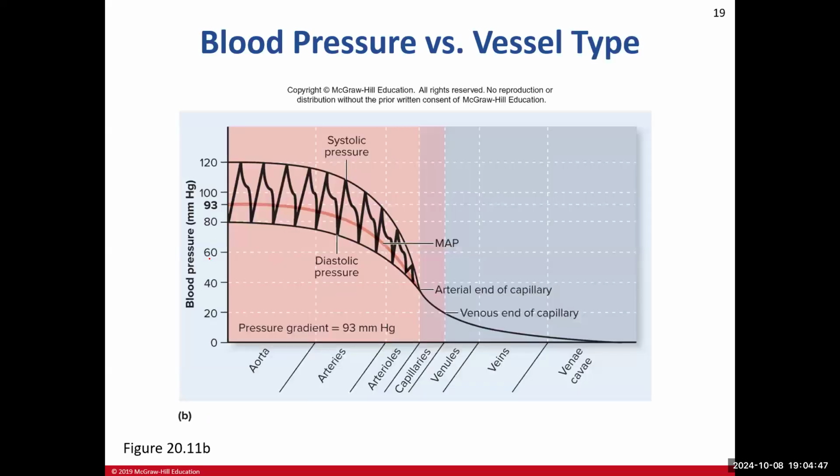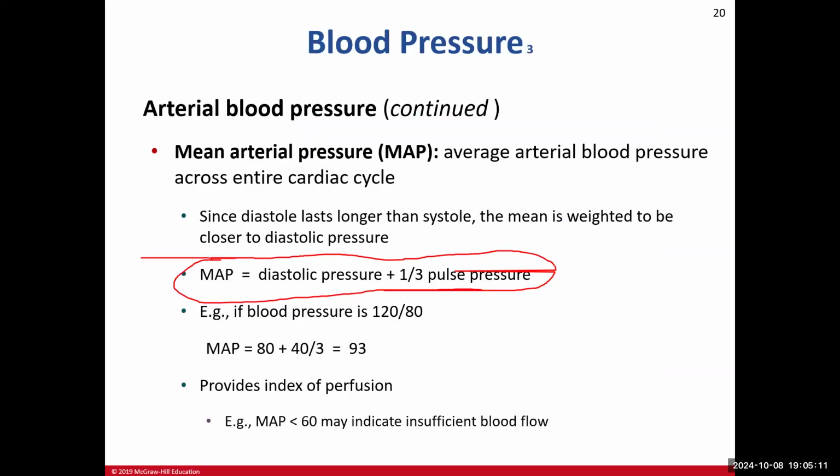I'm going to tell you. The pulse pressure is the difference between the systolic pressure and the diastolic pressure. So what's the difference of 120 minus 80? 40. You're going to take a third of that, so divide it by 3. And that should give you 13.3 or something like that, if anyone's doing the math.